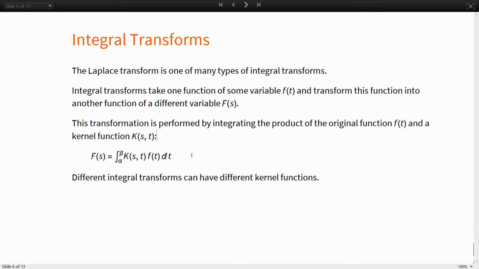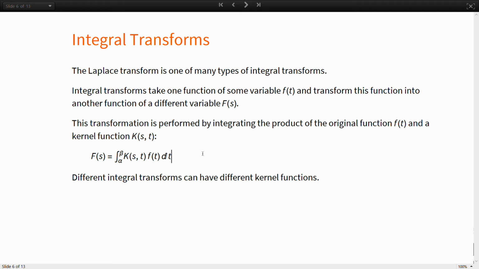Mathematically, this is represented by the integral here, where the bounds of the integral are arbitrary constants, alpha and beta, but normally take specific values for a particular transform.